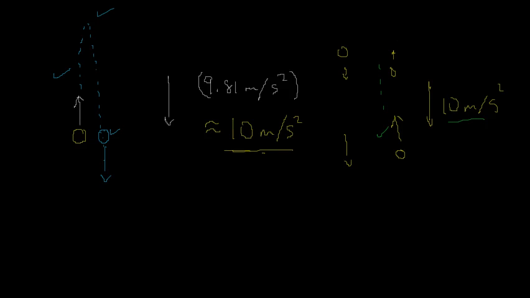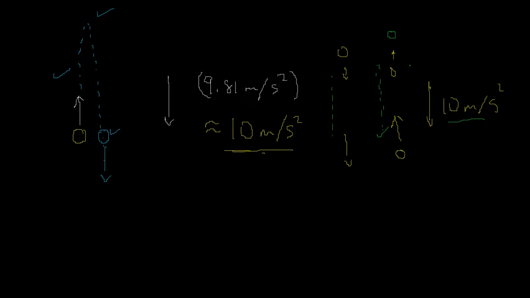Whereas on its way down, the velocity increases by 10 meters per second every second. On its way up, the velocity decreases by 10 meters per second every second. That's why eventually the velocity decreases to 0, and that's when it starts falling back down again.